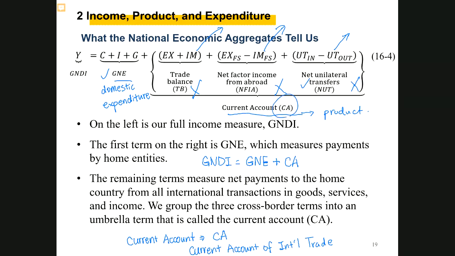And two other accounts are called the financial account and the capital account. They are on the opposite side of the current account. So CA should equal minus those two. Okay?